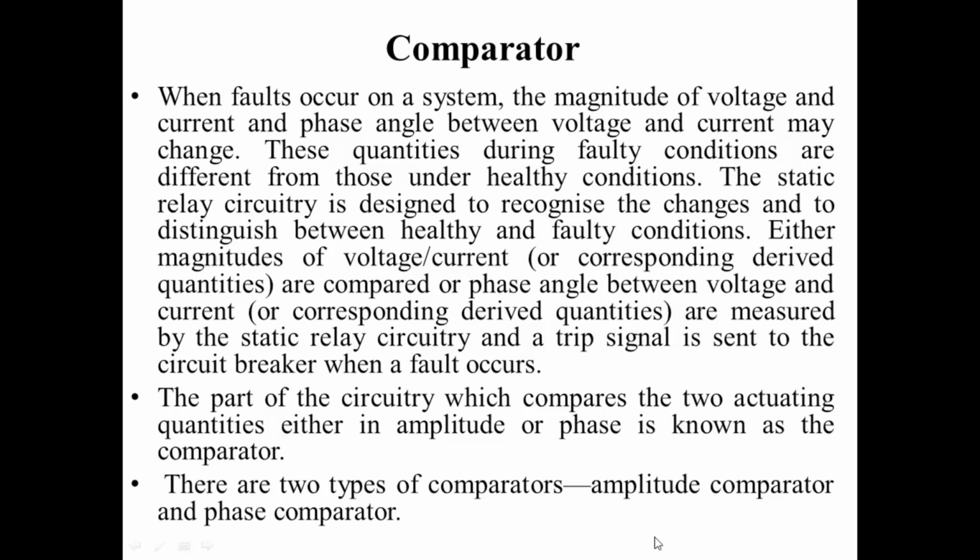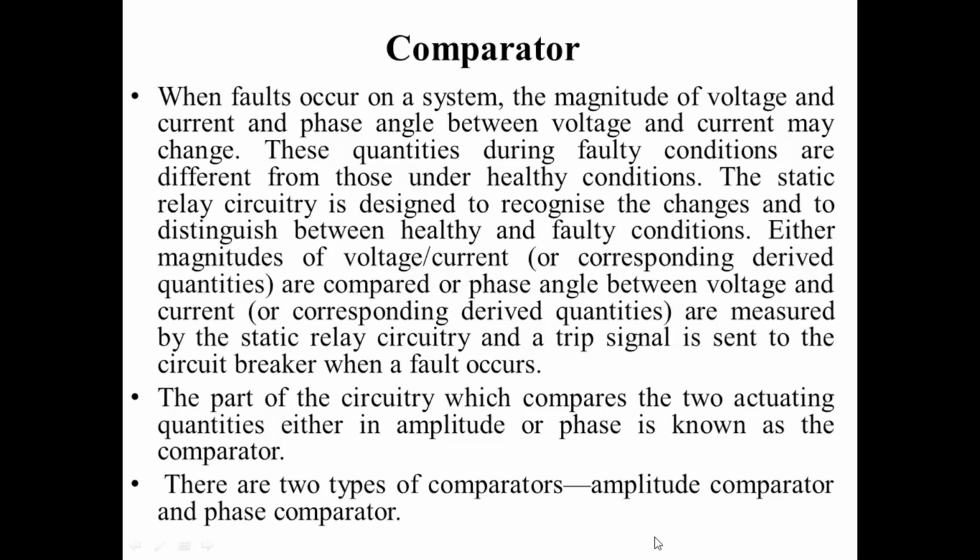The basic function of the relay is sensing, and then the relay sends a signal to the circuit breaker. Each relay has this main function: to sense any faulty condition and send a tripping signal to the circuit breaker. In all three types of relay, the purpose is the same. But in the static relay circuitry, there is a comparison between the magnitude of voltage and current and the angle of voltage and current.